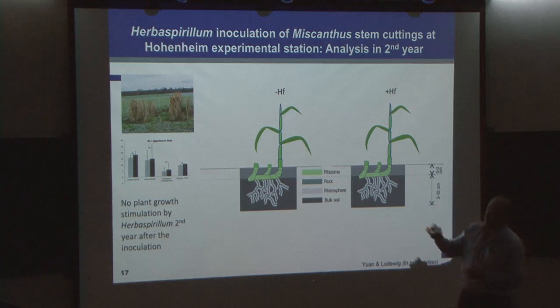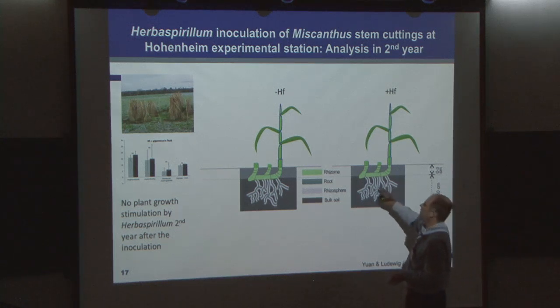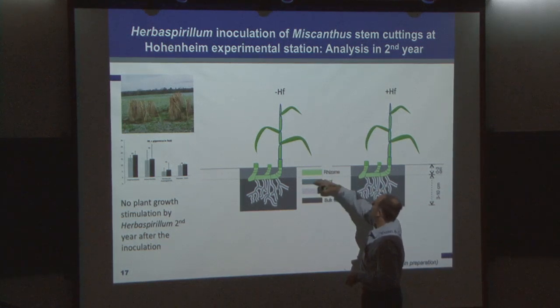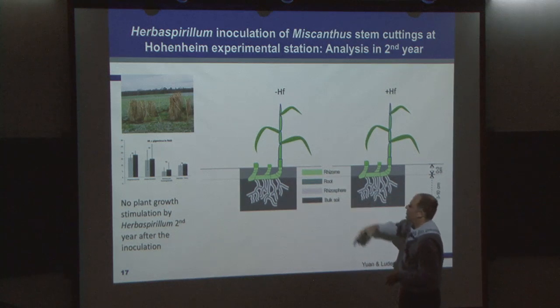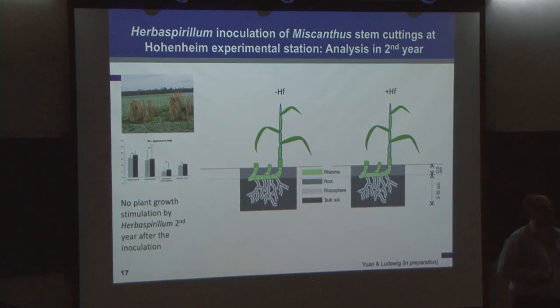So when we looked in the second year or third year, there was no benefit from Herbaspirillum inoculation anymore, so the biomass was more or less the same. But we did some analysis of these different fractions of the root, rhizome, rhizosphere, bulk soil, as we had done in the other plot.